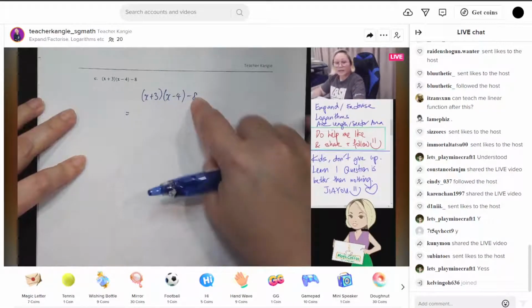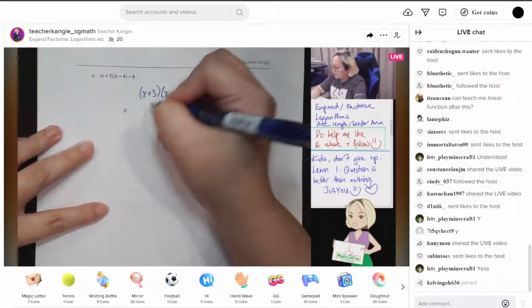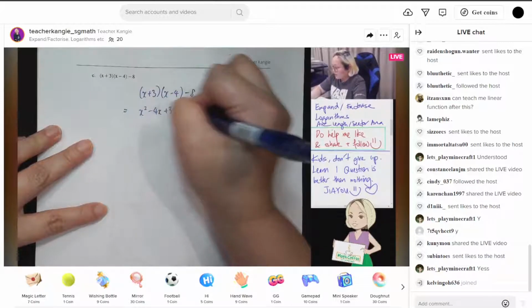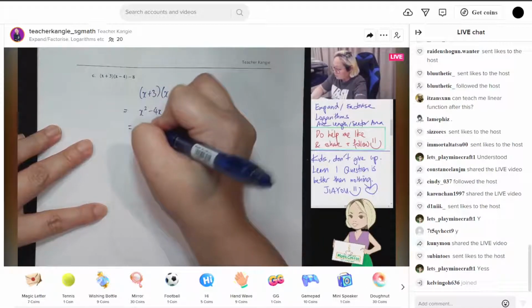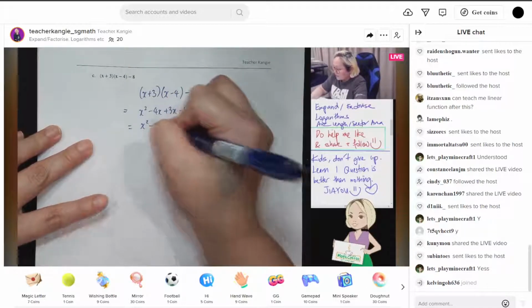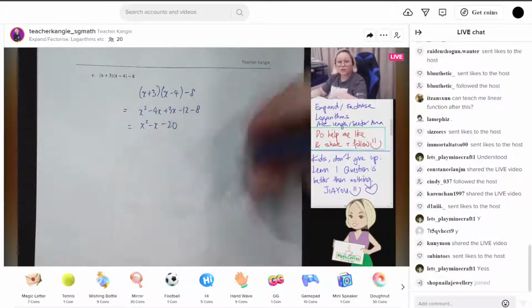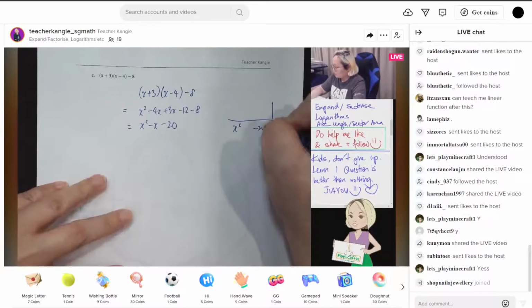So for this one, you have to expand first, then you can factorize. So it will be x squared minus 4x plus 3x minus 12 minus 8. Simplify first. So it will be x squared minus x minus 20. Then you factorize it using the cross method. So it will be x squared, minus 20, minus x.